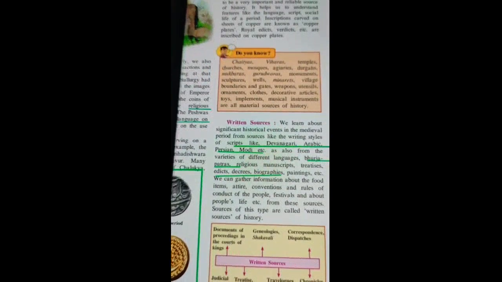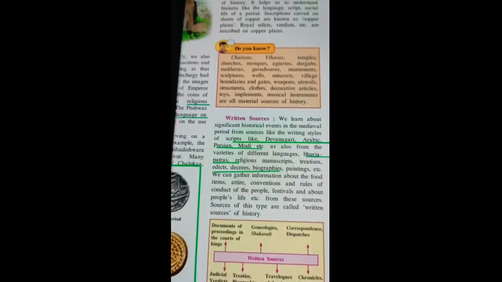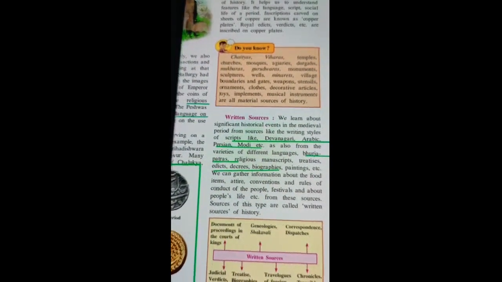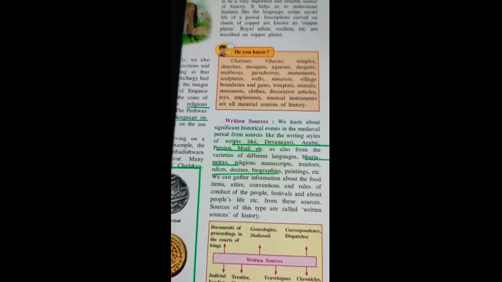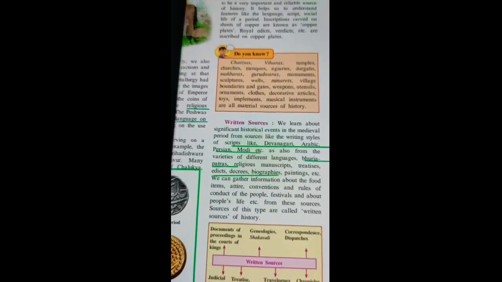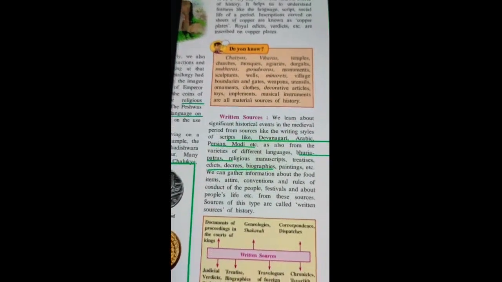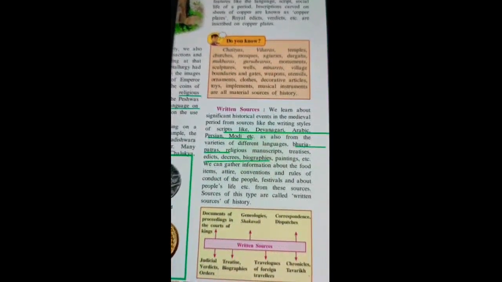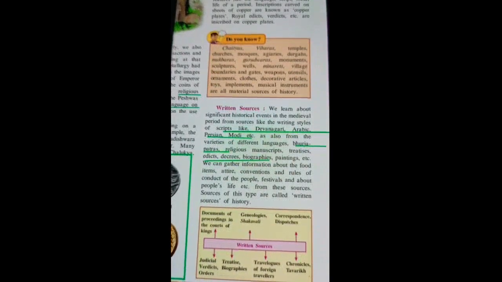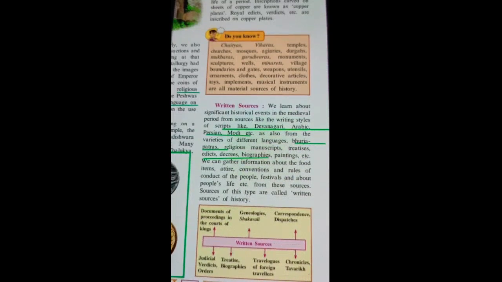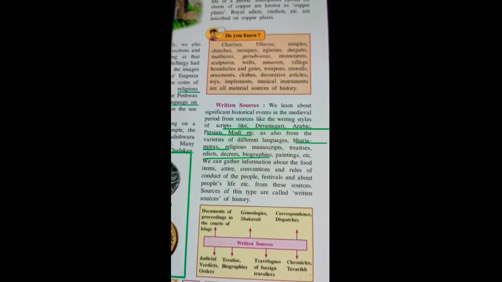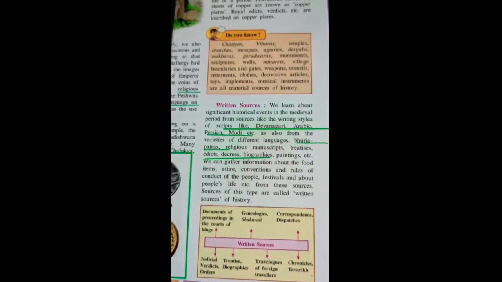We learn about significant historical events in the medieval period from sources like the writing styles of scripts like Devanagari, Arabic, Persian, Modi. There were varieties of different languages. Bhurja Patras. Bhurja Patras are letter sheets in Sanskrit. Manuscripts, treatises, edicts, decrees.